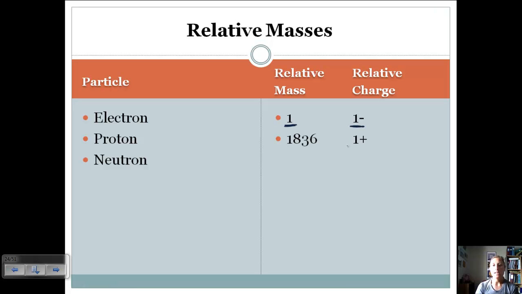The proton has a charge of +1, but look at the relative mass. It's so much bigger. So electrons are really not very massive at all. The mass of the atom is coming from the proton and from the neutron. These make up the nucleus, much more massive than the electron. And we know the neutron has a neutral charge, or charge of 0.